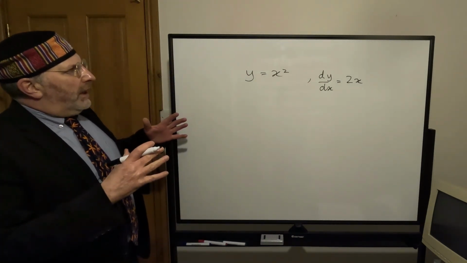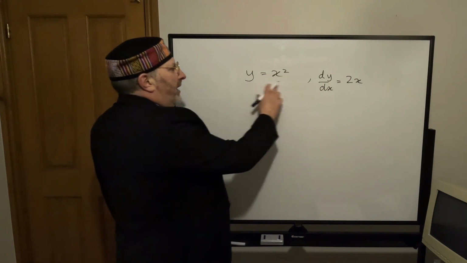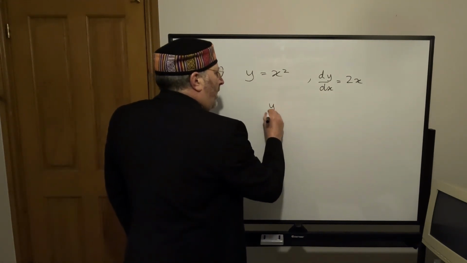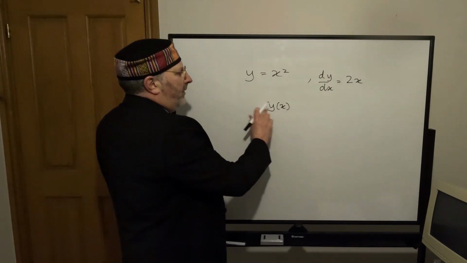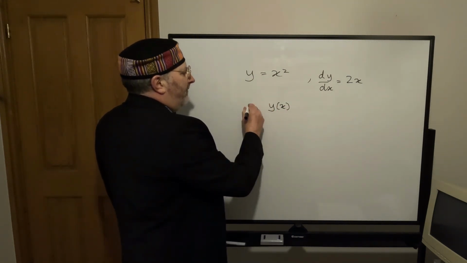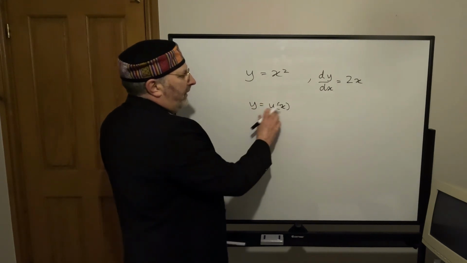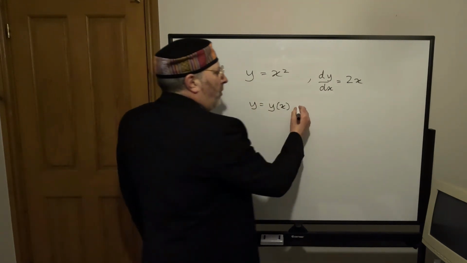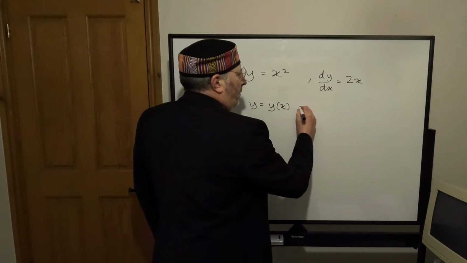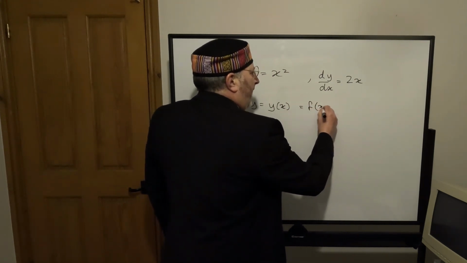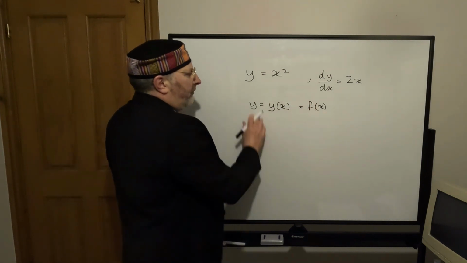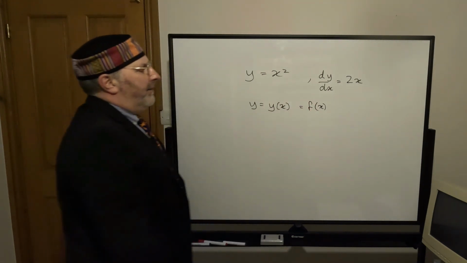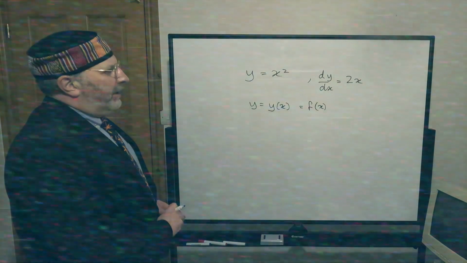And thinking about the idea of functions, when we write here that y equals x squared, just going back to something I was talking about earlier, we can also say that y equals y of x. That is saying that y depends upon x. Or we could say that y equals a function of x, f of x, because f of x itself implies a function of x. So y is a function of x. Those are other things that we might say.